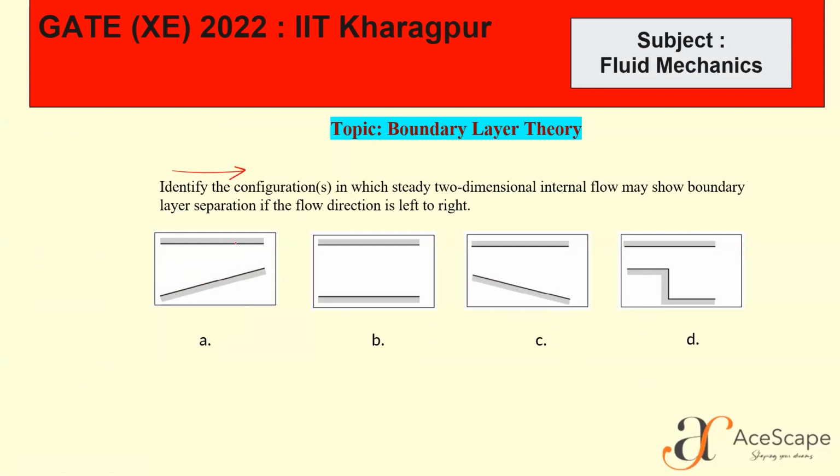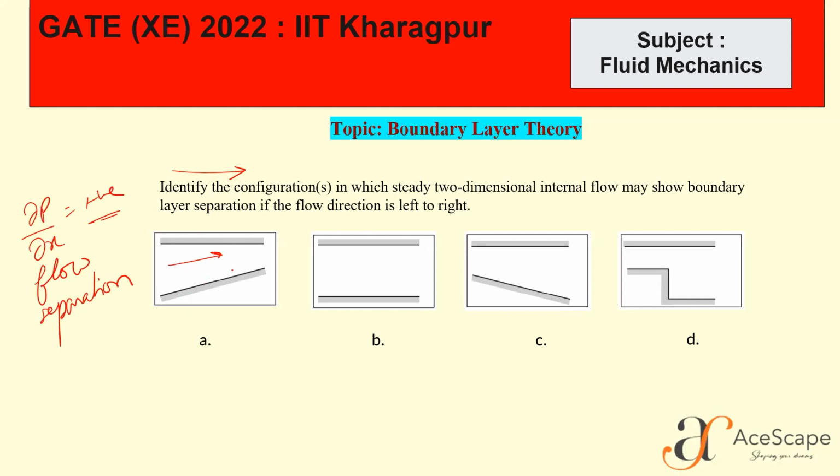Now we know that boundary layer separation occurs when the pressure gradient is positive. If del P by del X is positive, the flow separation takes place. This is the condition to check flow separation. In option 1, it is a converging section.